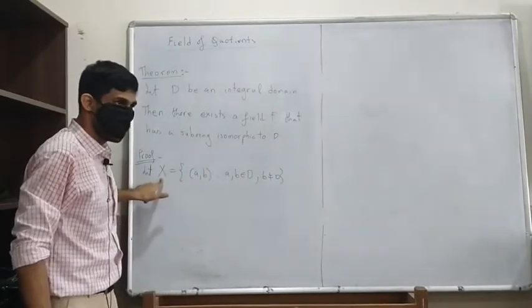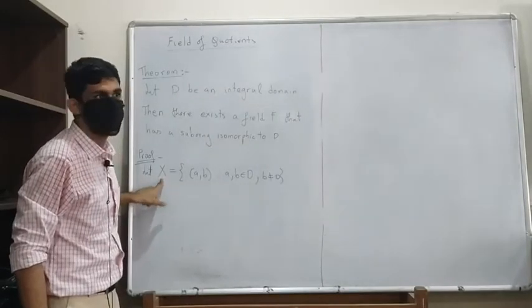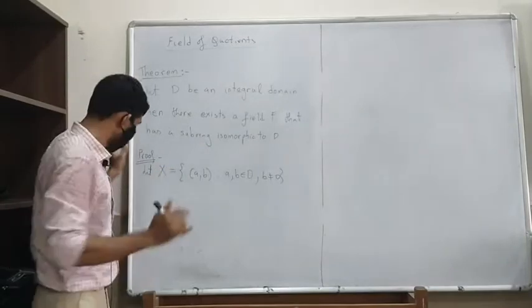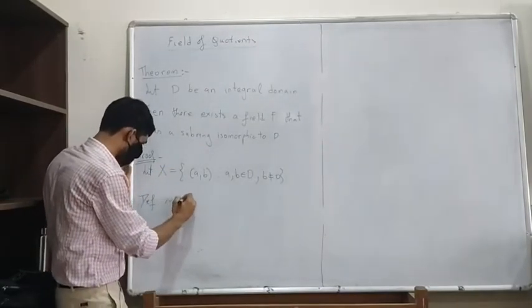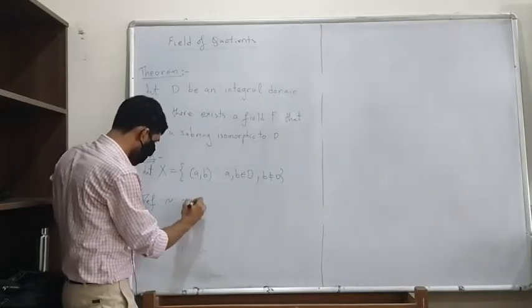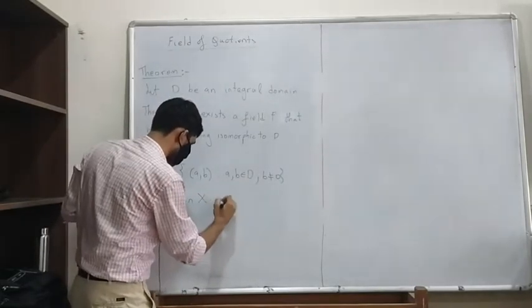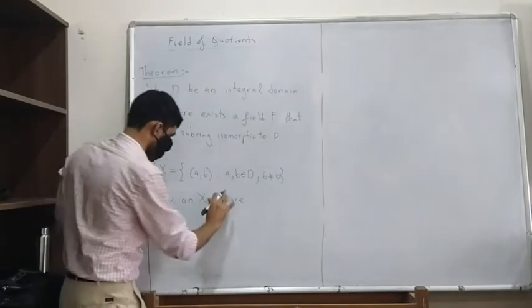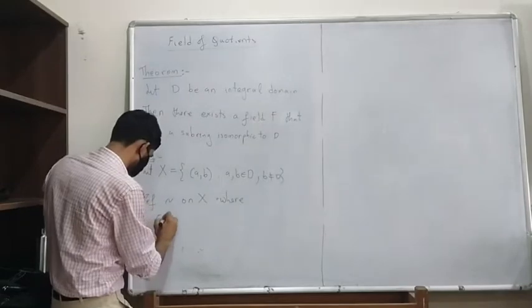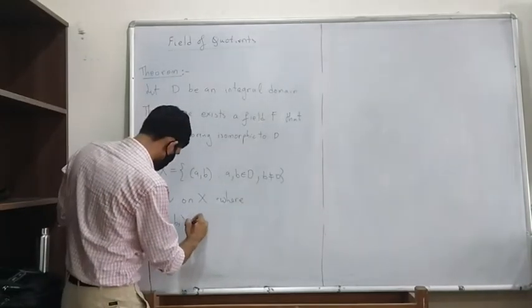What's the next thing I do? Define an equivalence relation on X, okay. So define a relation tilde on X such that (a1, b1) is related to (a2, b2).